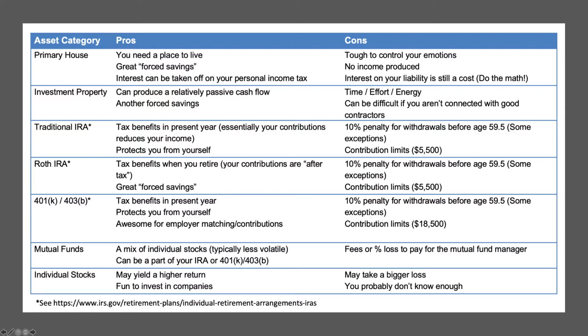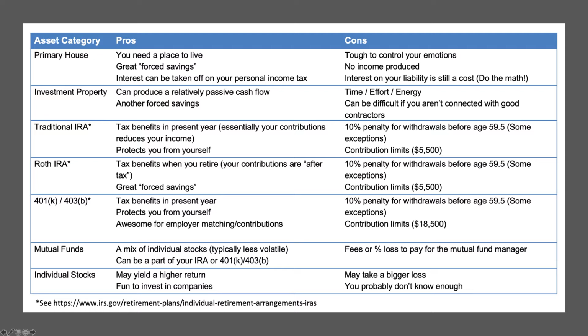Now, one of the advantages in the past has always been that the interest on the loan for your house is often deducted from your income tax. Most recently, in the 2018 tax bill, I guess the most recent tax legislation, there are additional deductions for individuals and married couples, so your standard deduction may be enough that the interest on your house may not make that big of a difference.